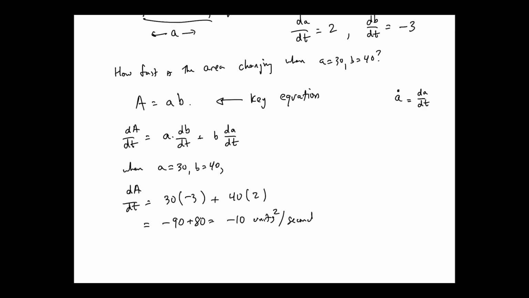Now, the other rule of thumb that I would use is, what would have happened if I plugged 30 and 40 into my area formula from the get-go? I'd have gotten area equals 1,200. Great. And then I said, well, I want to know the rates of things, so I'll take the derivative of that. Well, what's the problem? You'd get 0, right? The derivative of a constant is 0.